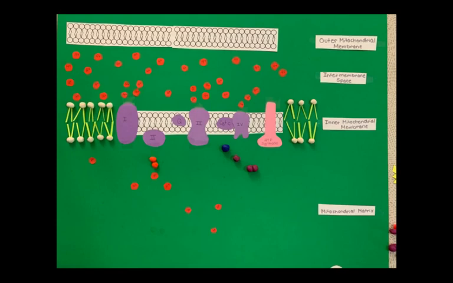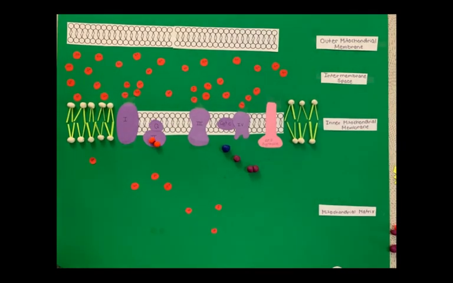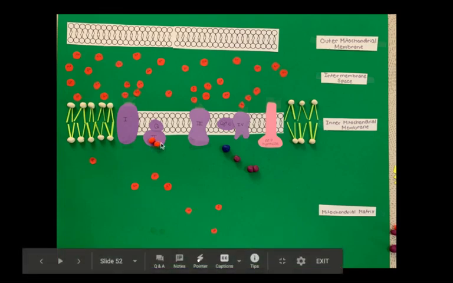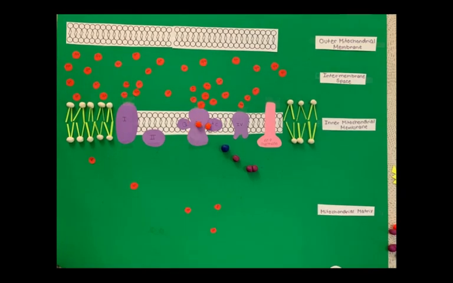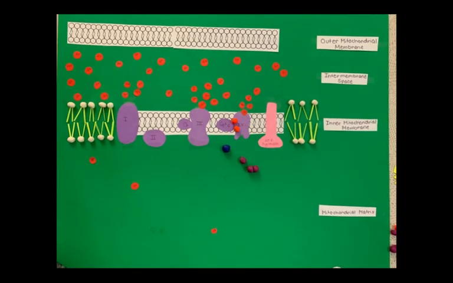Now going back to FADH2, we're going to see that it's not going to go in this first protein because it enters the matrix a little bit later. So it's just going to go through this second protein where it's then going to use the Q as a shuttle, the coenzyme Q. And then it's going to go onto this third protein and then use cytochrome C, and then it's going to keep pumping.